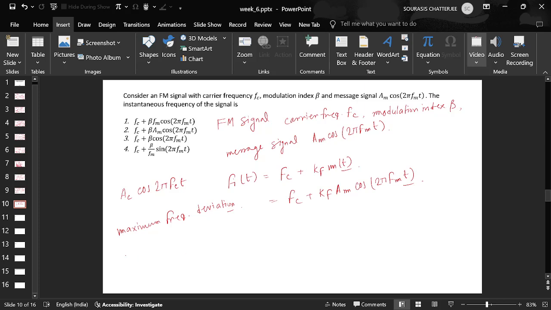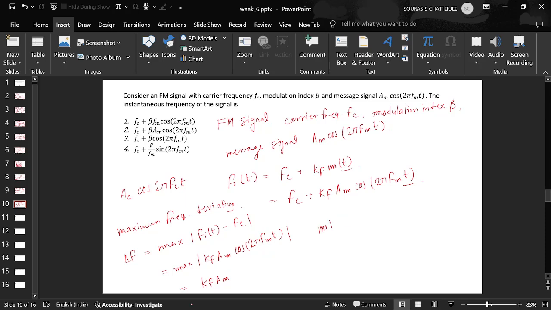It is given by delta f, max of fi minus fc, which is given as max of Kf Am cos 2 pi fm t. So we have Kf Am as our maximum frequency deviation, since the cosine takes a maximum value of 1.